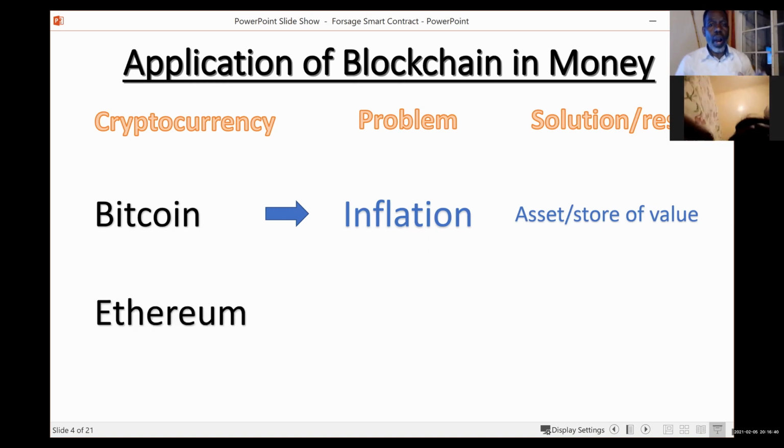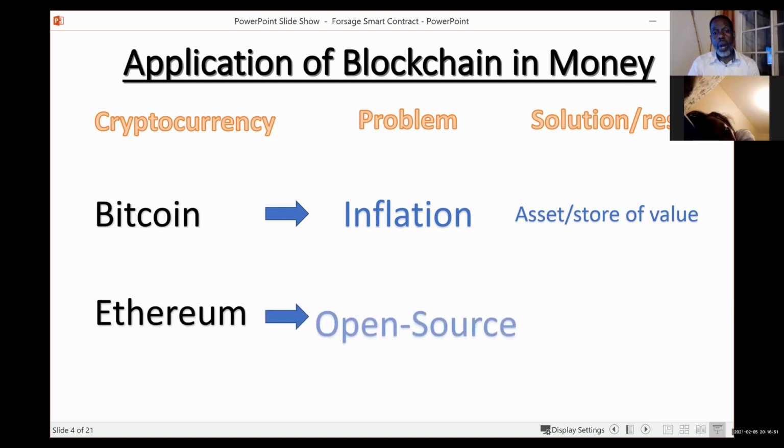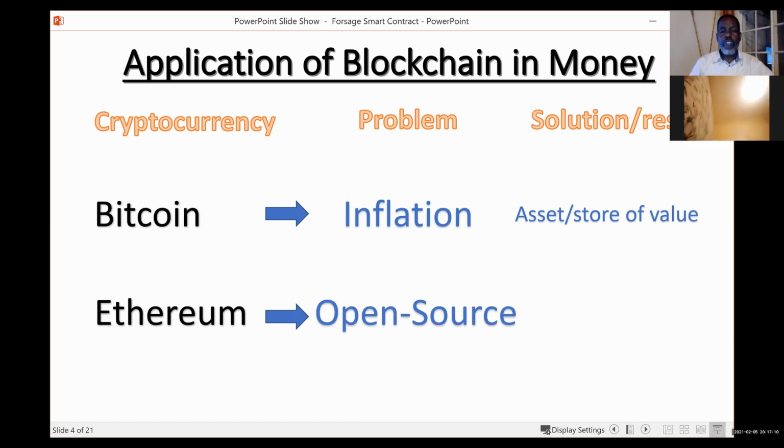So let me mention the second coin, and this will be of a lot of interest to us today, and I'll tell you why. Ethereum, which is the second coin I want to talk about, is what is called open source. When the people who created Ethereum created it as open source, any other person can create applications on top of Ethereum to solve different problems or issues in society, all right?